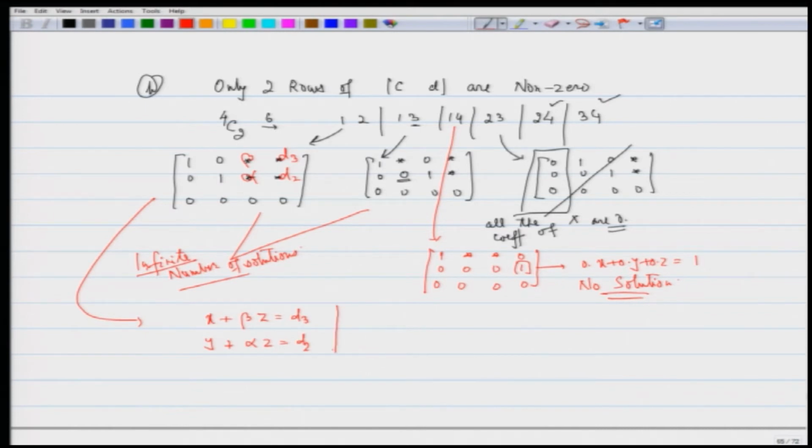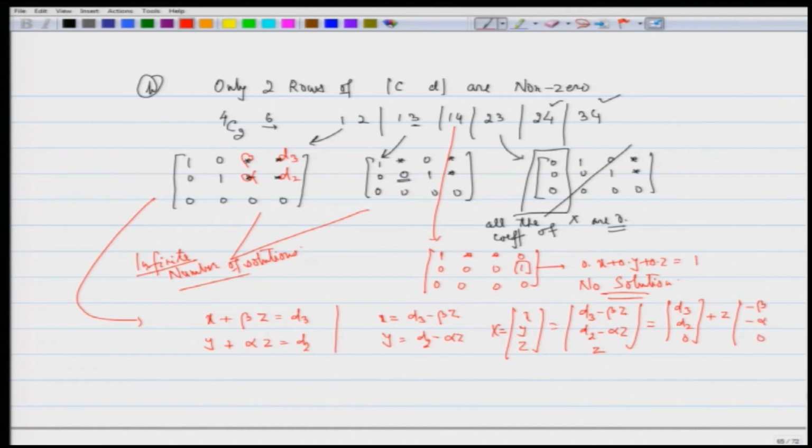These two together I can write as the solution: x is equal to D3 minus beta z and y is D2 minus alpha z. So, therefore, if I write x as (x, y, z), this gives me D3 minus beta z, D2 minus alpha z, and z, which gives me (D3, D2, 0) as one solution plus z times (minus beta, minus alpha, 0).